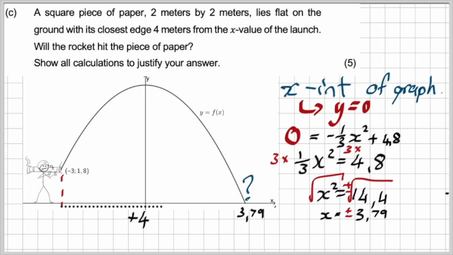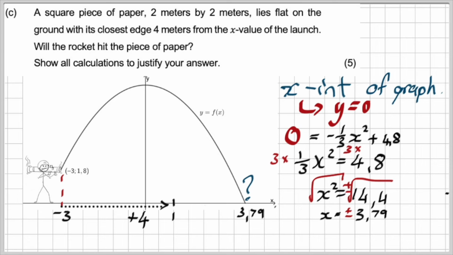Where is going to be the closest edge of that piece of paper? The closest edge is 4 meters from your starting x value. Okay? So my starting x value is at -3. So the closest edge will be there at +1.